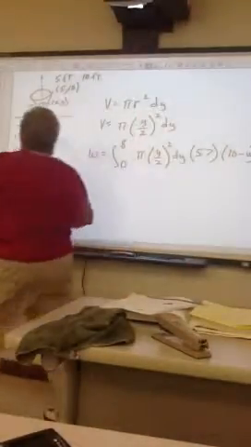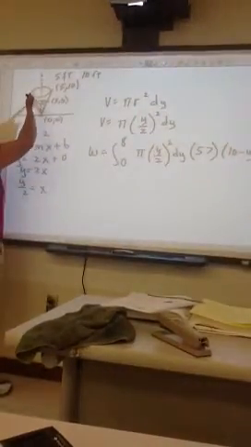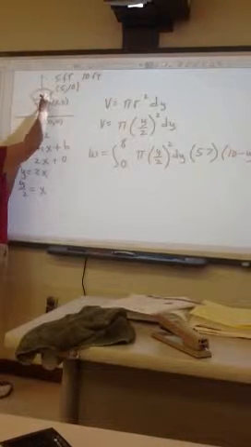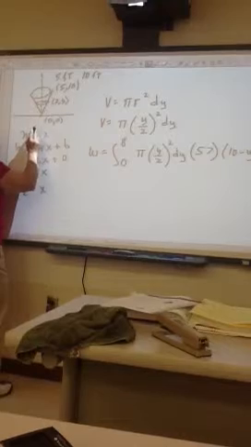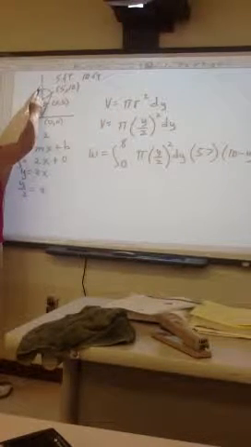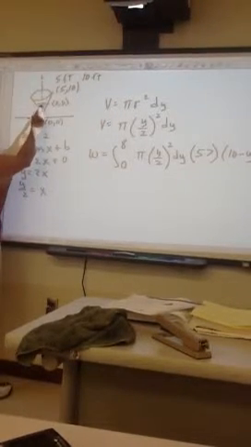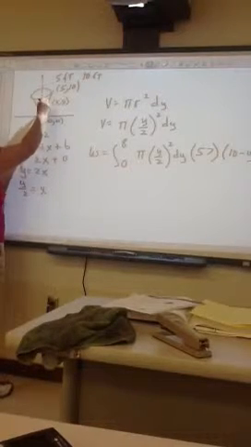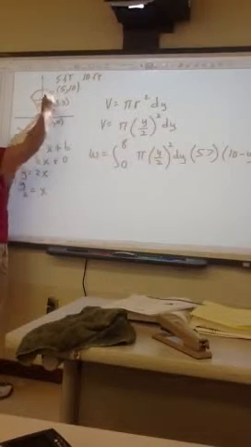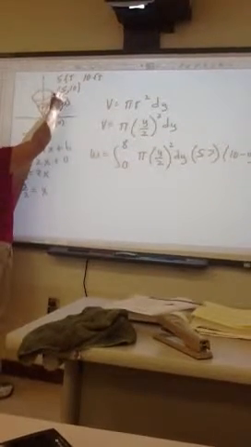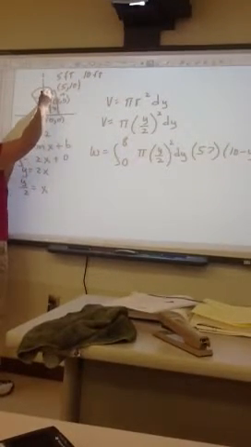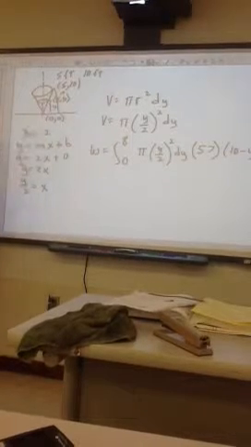Why? It says in the problem that the oil only goes up 8 feet because it's 2 feet below the top, but we want to push the oil all the way to the top. So this slice is at some height y, and I need to go a total of 10, so what's left to move is 10 minus y.